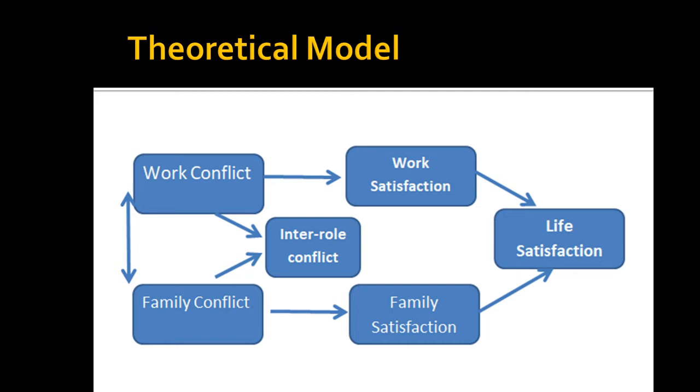Not only that, if we can connect between inter-role conflict and work satisfaction, this is the 9th proposition. Inter-role conflict and family satisfaction, 10th proposition. Can anybody explore how many more are there? I can still try. Work satisfaction, family satisfaction, 11th proposition, if I draw another arrow here.